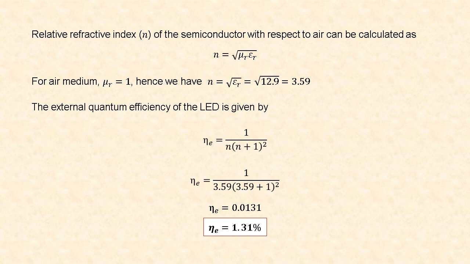Now the external quantum efficiency of the LED can be calculated by using the formula eta E is equal to 1 by n into (n plus 1) the whole square. Substituting n is equal to 3.59, we have eta E is equal to 0.0131. So expressing in percentage, we have external efficiency is equal to 1.31%.